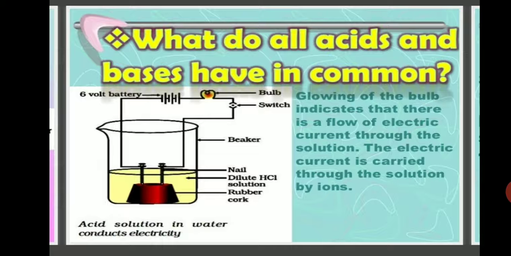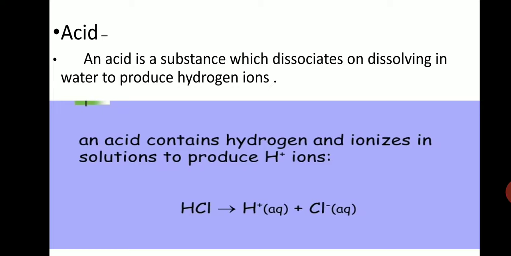Water has a specific role in this ion formation. It helps in separating an acid into H plus ion and anion. So we can now onwards define the acid as a substance which dissociates on dissolving in water to produce hydrogen ions.